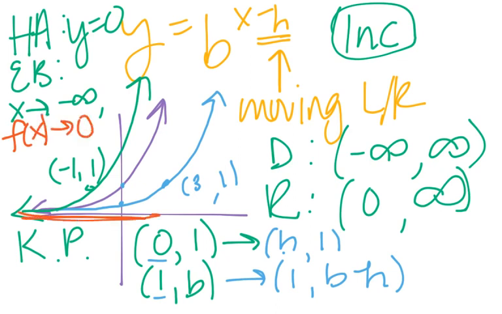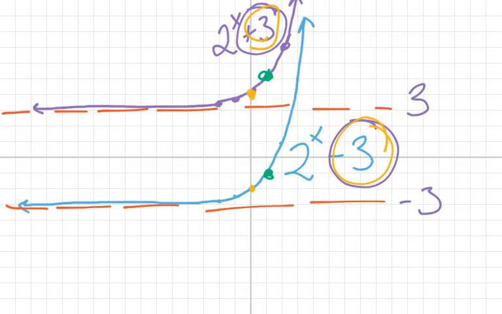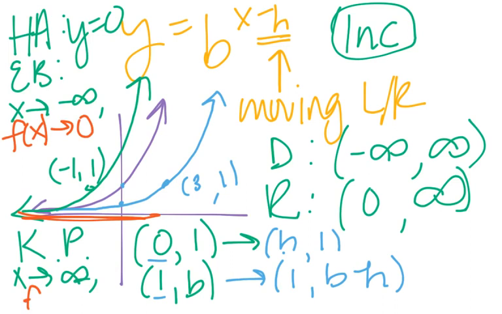It's our horizontal asymptote. They're all headed to 0. And as x goes to positive infinity, f of x goes to infinity, because these graphs are all going up towards infinity as we move to the right.